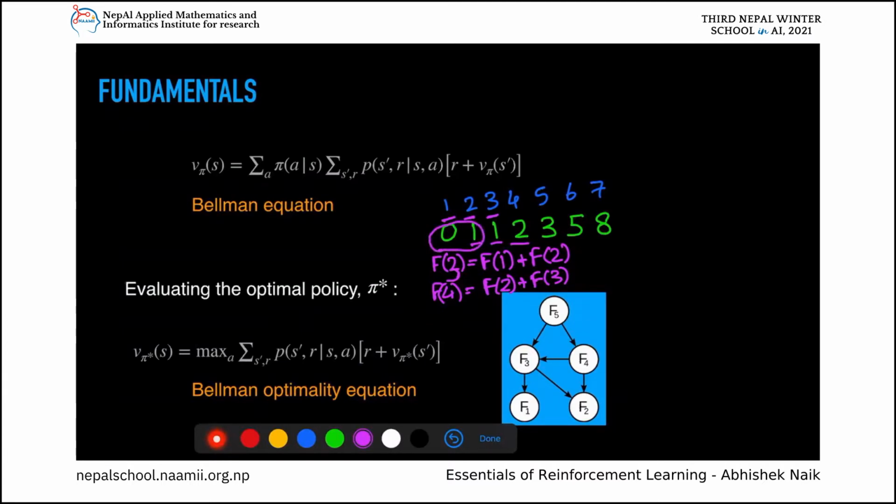So we are storing the solution of some subproblems that we know the solution to, and then using them for computing the values of the previous states, right? So that's the sort of structure we had, that if we have a problem like the one in the previous slide, we can compute the value of this guy, and then to compute the value of this state, we can just bootstrap off the value that we already computed here, right?